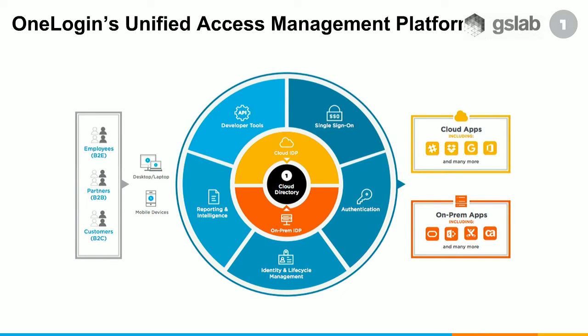So at the center of it, we have a cloud directory. And really what that means is a place to synchronize and consolidate users from across the enterprise and even outside of your organization.